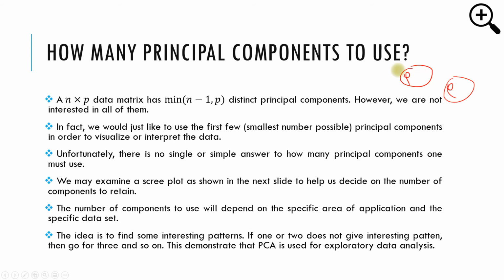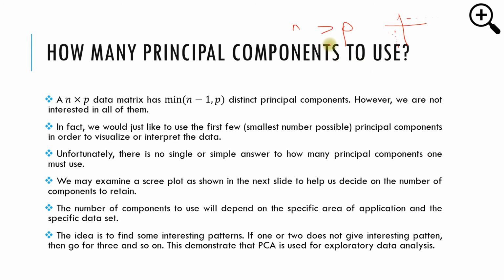Because most of the time, the value n is greater than p, right? The number of records that you have in your data is higher than the number of variables that you have. This is one of the things that happens most of the time, and this is why I'm referring to the case of p components. So each time.